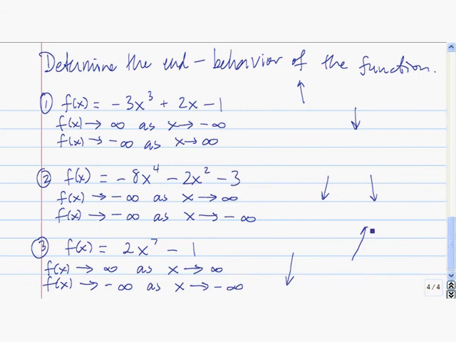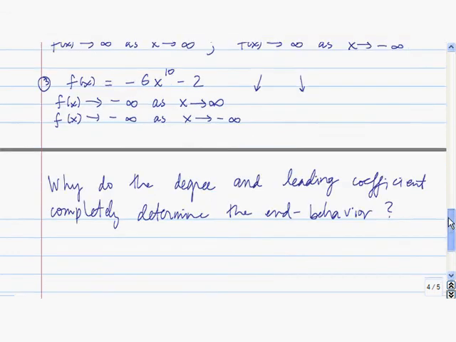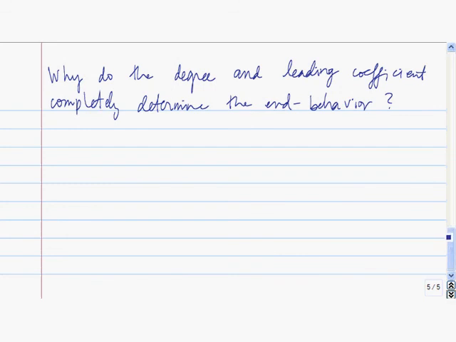Okay, now let's take a look at a very important question. Why do the degree and the leading coefficient completely determine the end behavior of a non-constant polynomial? Let's take a look at a specific example to see why. Remember that in examining the end behavior of a function, we're seeing what happens for values of x in the infinity direction and values of x in the negative infinity direction.